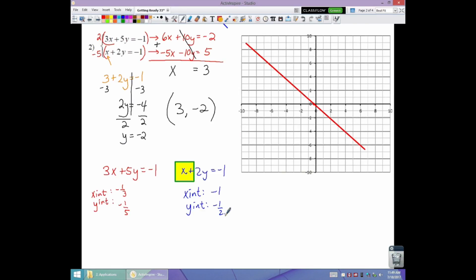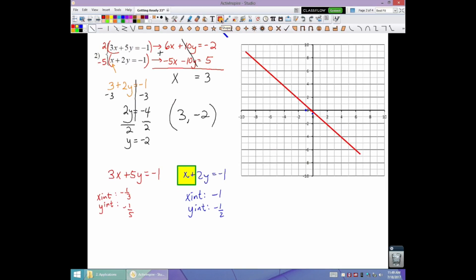Again, these are also very, very close together. The x-intercept negative 1, the y-intercept negative 1/2. So when I graph that blue line, also probably not going to be the most accurate of lines.